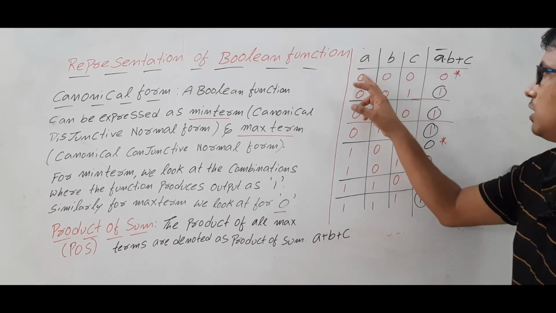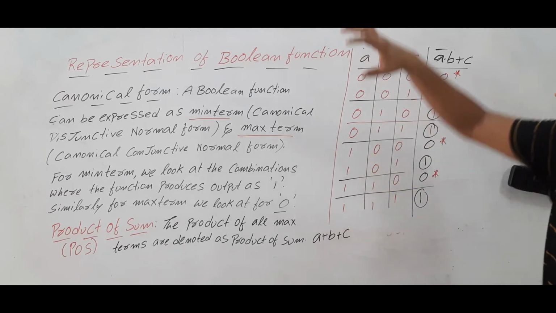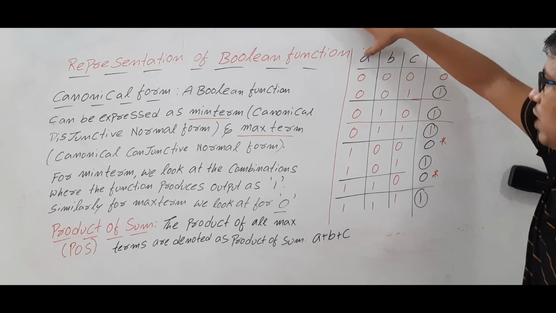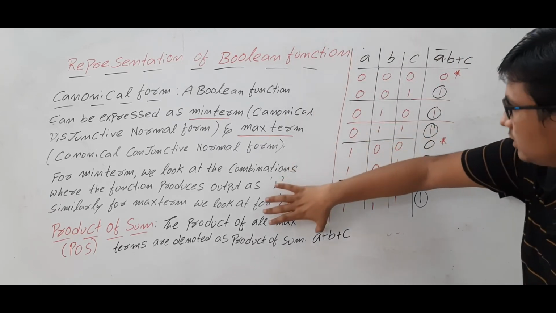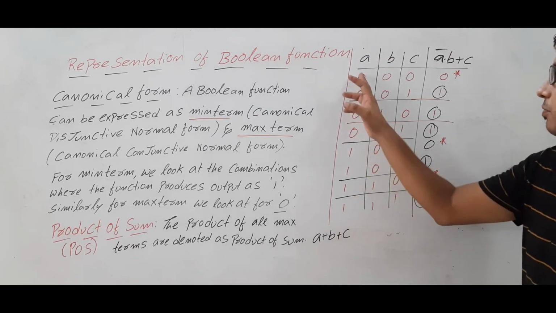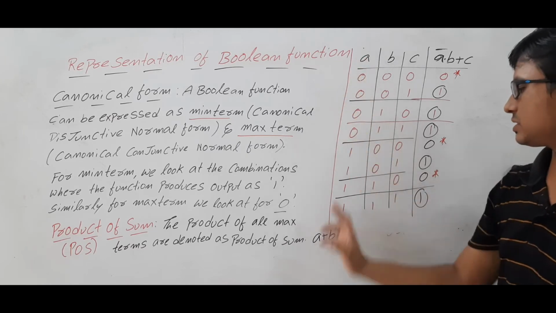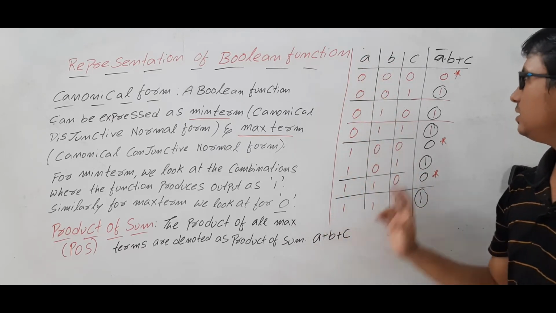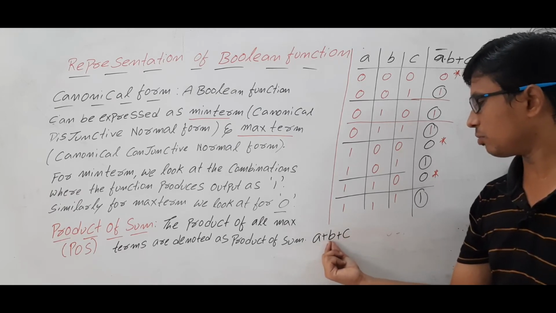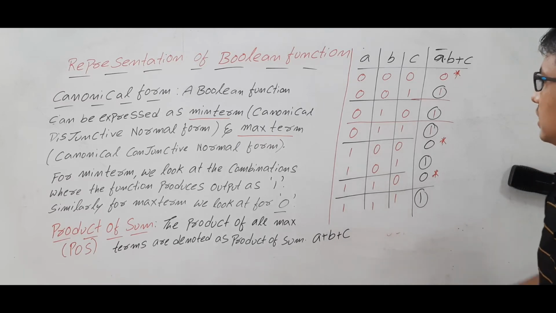How I have written in the max term is that whenever you have the value 0, you will write A. Whenever it is 1, you will write it as C complement. Remember again, when the input is 0, you will represent it as A, B, C, and you will write OR between them. So A or B or C is the max term. Is it clear?